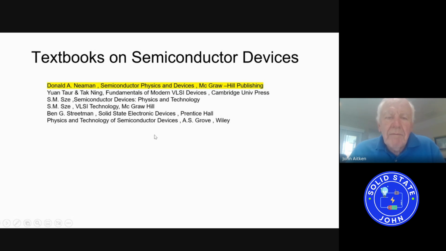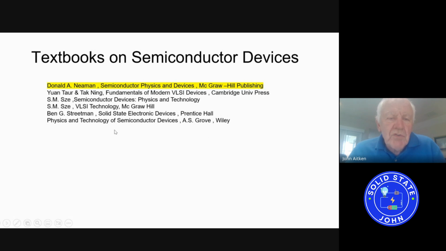Tower and Ning, Fundamentals of Modern VLSI Devices, printed by Cambridge University Press. Simon Z, Semiconductor Devices, Physics and Technology. Simon Z, VLSI Technology, that's also a very good introductory book.